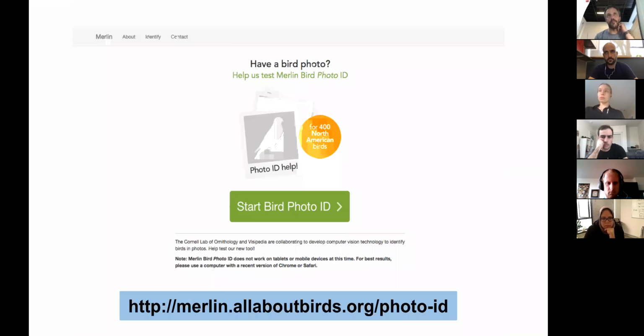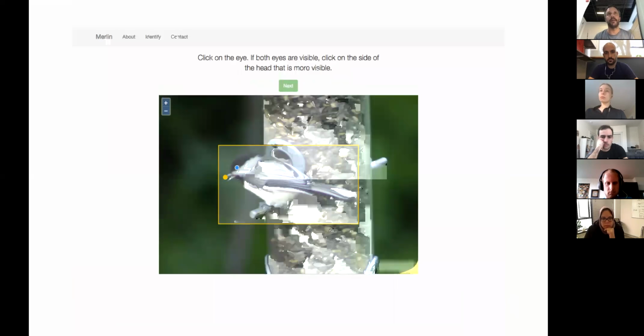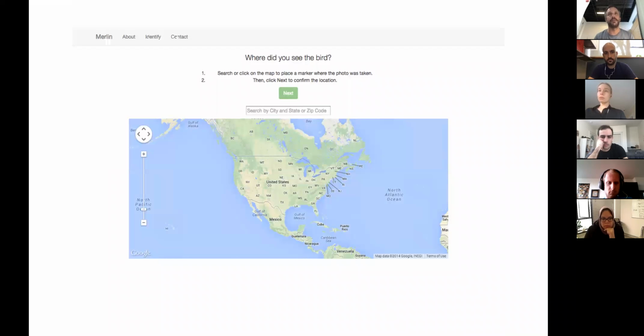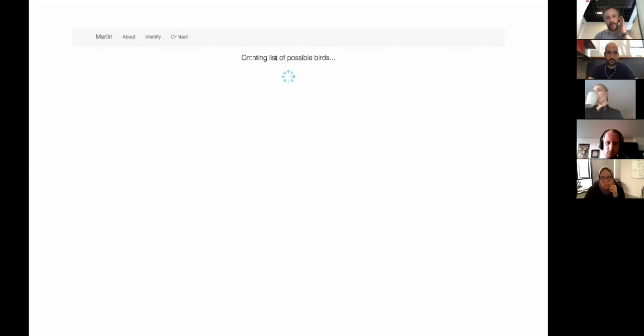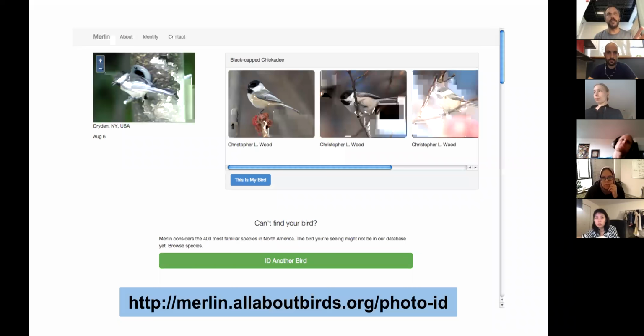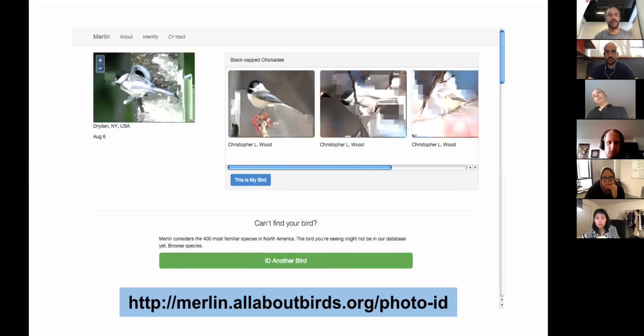Working with them, we first built a web-based interface where you could upload images, indicate geolocalization, and indicate when you saw the bird, which taps into the so-called eBird database that has priors for all of these different birds, based on decades of observational data.